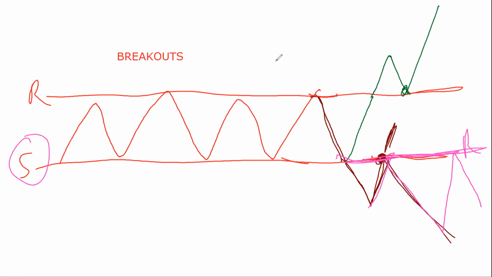And similarly, if it broke out of the resistance area, so say if it broke, retested, broke, retested, still doesn't pass it, still doesn't break it, this now becomes a support, whereas previously it was a resistance.